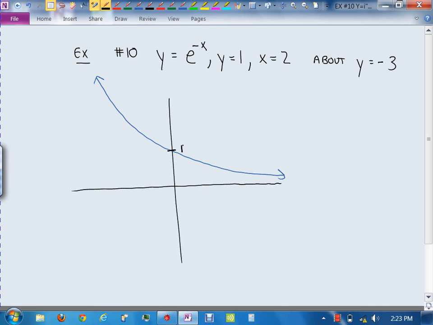Does your calculator concur with me? Yes? Okay. Then y equals 1. y equals 1 is a horizontal line, isn't it? Like this. And x equals 2 is a vertical line like this.